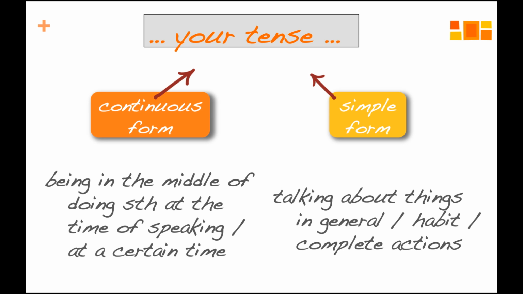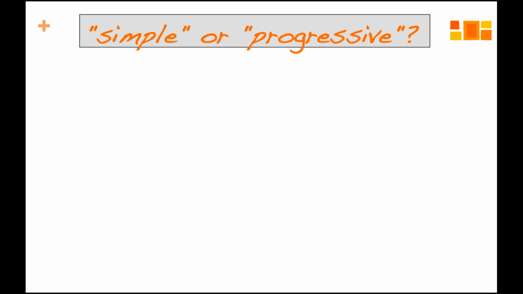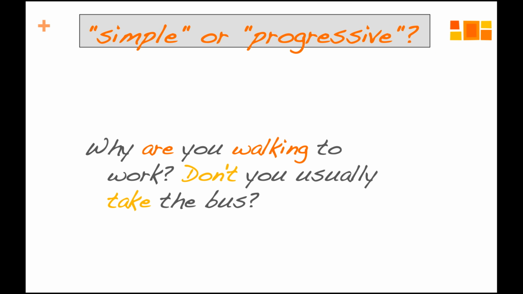But the most important thing to remember is use the continuous form of a certain tense when you want to say that somebody is in the middle of doing something at the time of speaking. And with this in mind, let's have a look at a couple of more examples, simple or progressive.